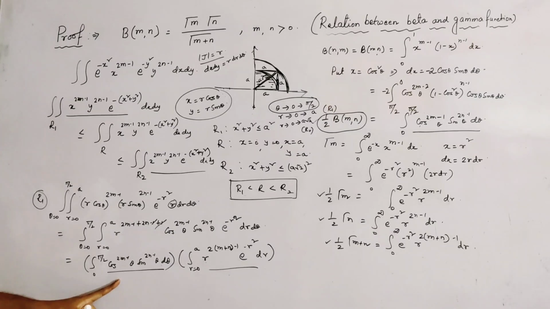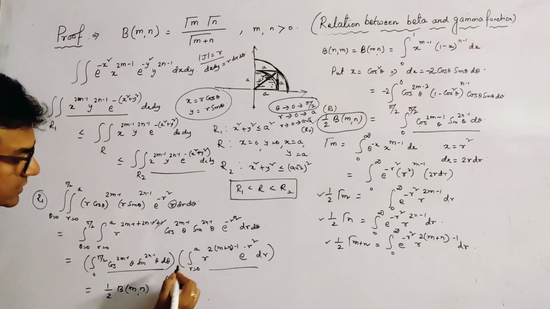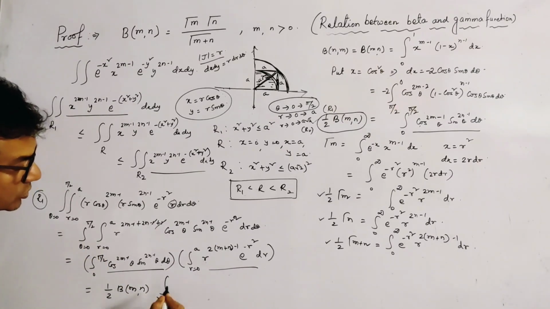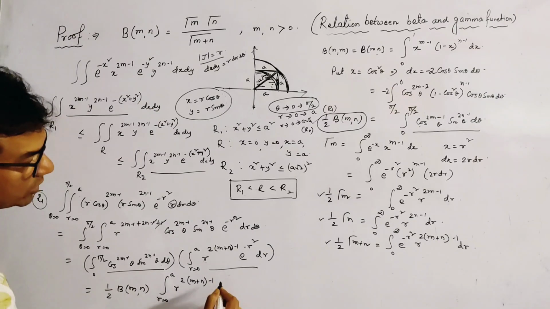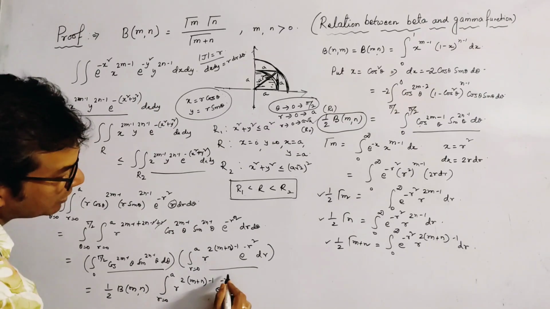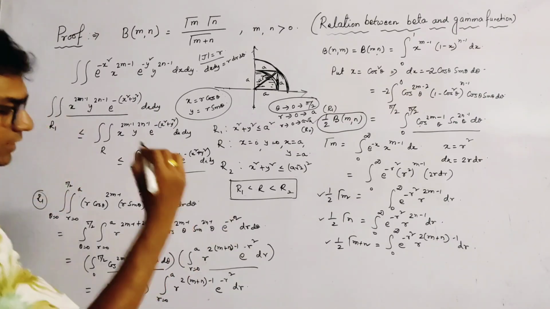So we put here half into beta (m, n), and the other is the integration of r from 0 to a of r to the power 2 into (m plus n minus 1) into e to the power minus r square dr.